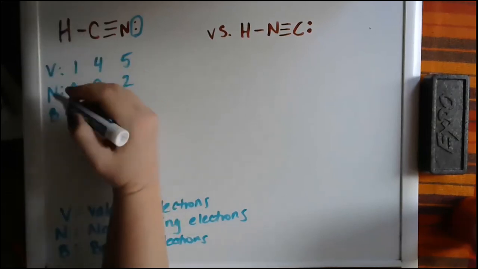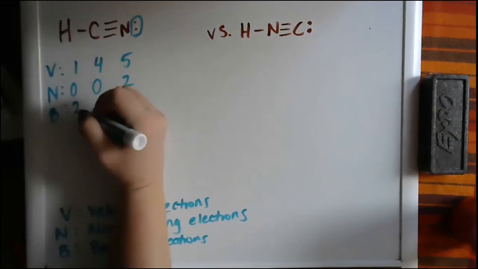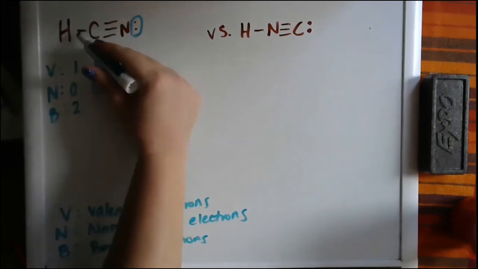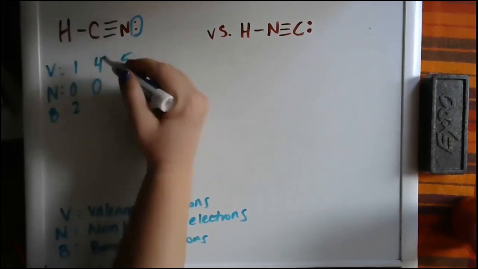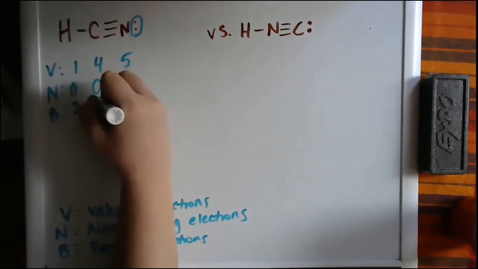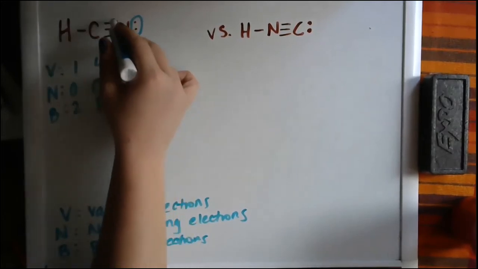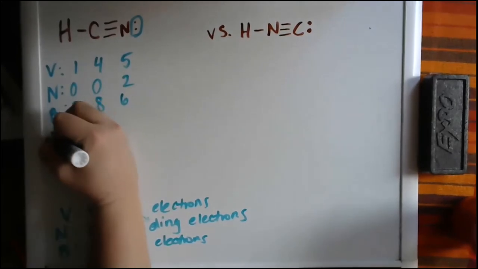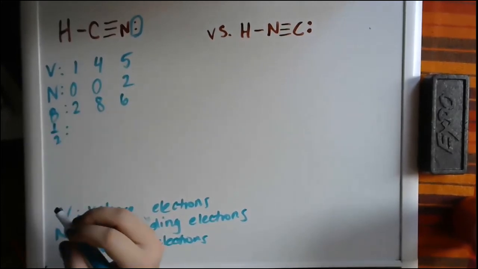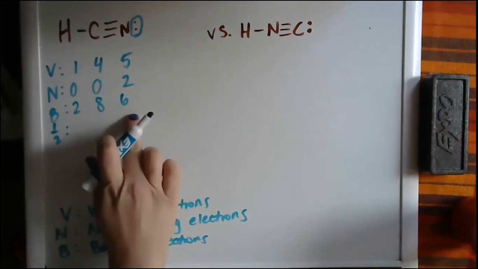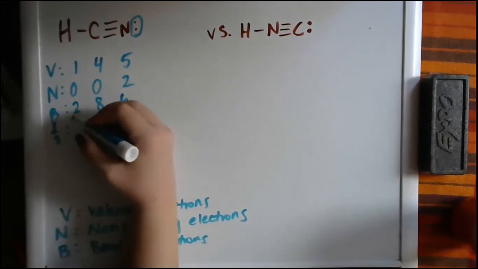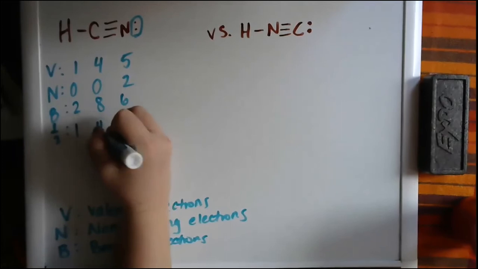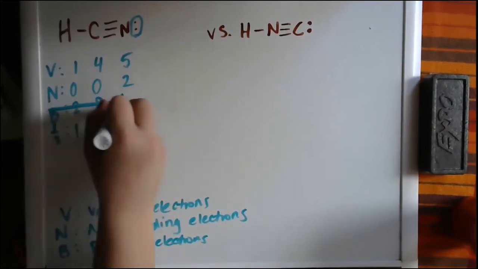So hydrogen has 2 bonding electrons. Carbon has 2, 4, 6, 8 bonding electrons. Nitrogen has 2, 4, 6 bonding electrons. And underneath B, I'm going to write 1/2. I'm going to take half of all these values because those are the values that we actually need. So we need 1, 4, and 3. And then I'm going to cross this out.